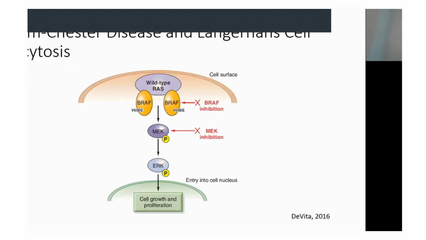A majority of the mutations that occur in Erdheim-Chester occur at the BRAF site. And we have drugs that target that, as most of you are probably aware. The MEK inhibitors are the drugs that target MEK, and they will work in BRAF mutated Erdheim-Chester as well. Those will be the drugs that I'll be discussing now in terms of their side effects.